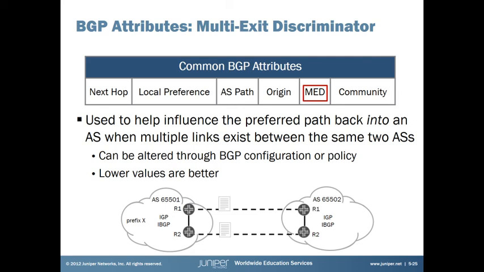So it's how your peer sends traffic to you, but those peers have to be part of the same autonomous system. Okay, so the scenario that I mentioned where we've got the same ISP, but in different locations, then we can control how that traffic comes back into our organization, back into our autonomous system. In this case, the lower values are better.